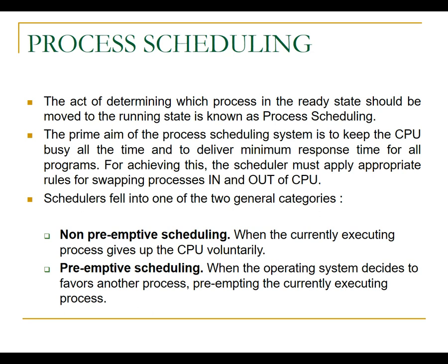Why are we discussing these two types of scheduling? Because generally, in the operating system, everything is scheduled. That means the operating system itself decides which process is going to be executed by the central processing unit. But if we consider that for some moment there is no scheduling, then what happens?